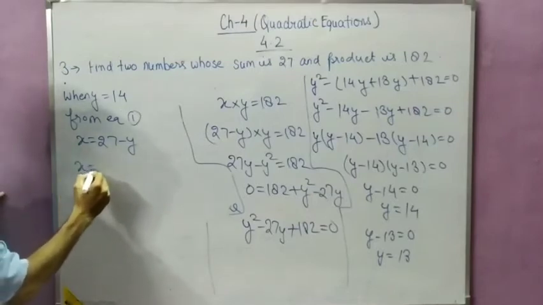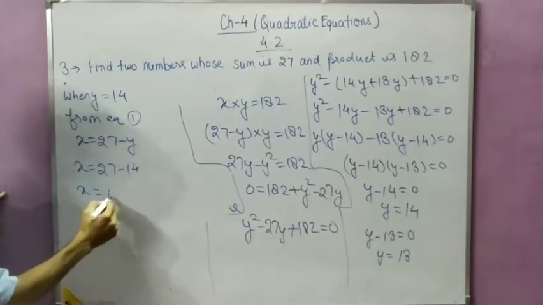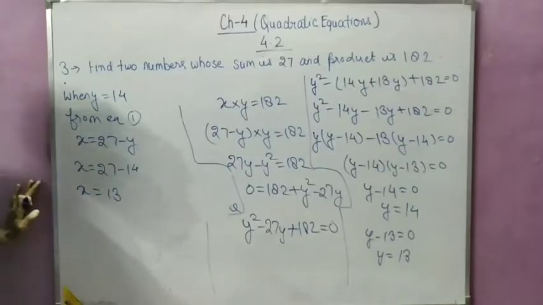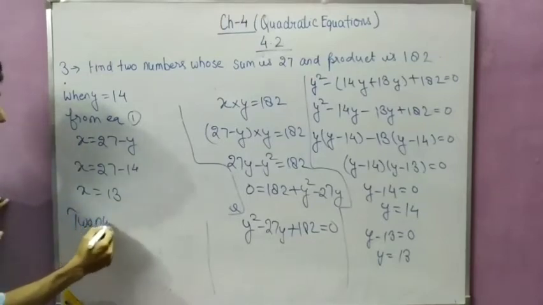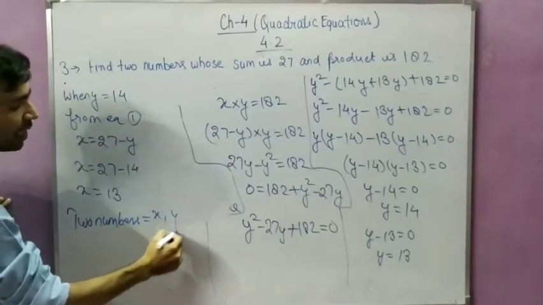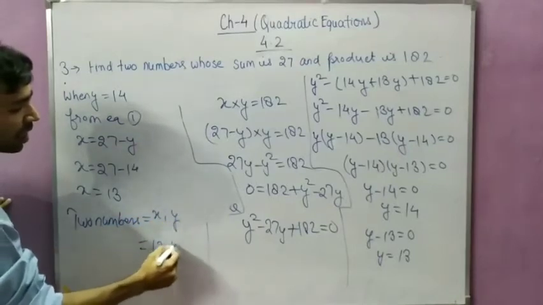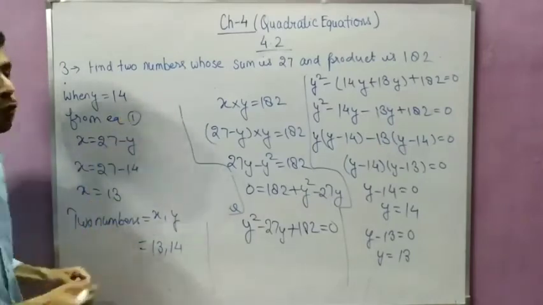So x will be equal to 27 minus 14. So x equal to 13. So two numbers we have calculated. First number was x, second number was y. So two numbers are x comma y. So first is 13 and then 14. This value we got when y equal to 14.